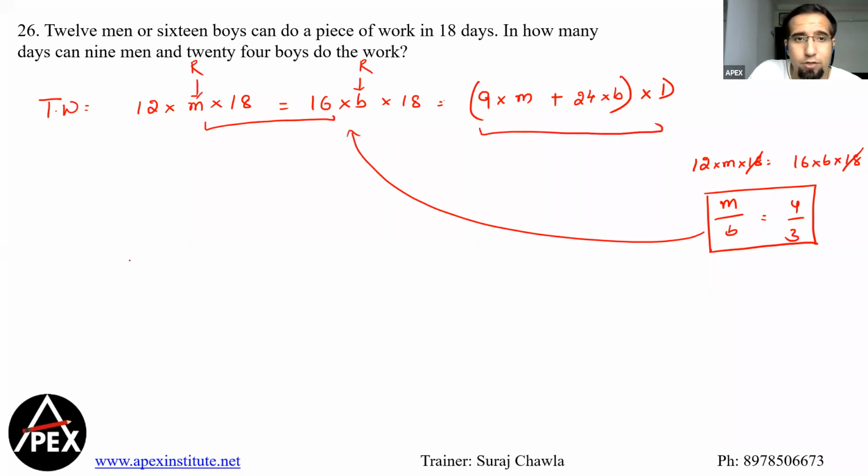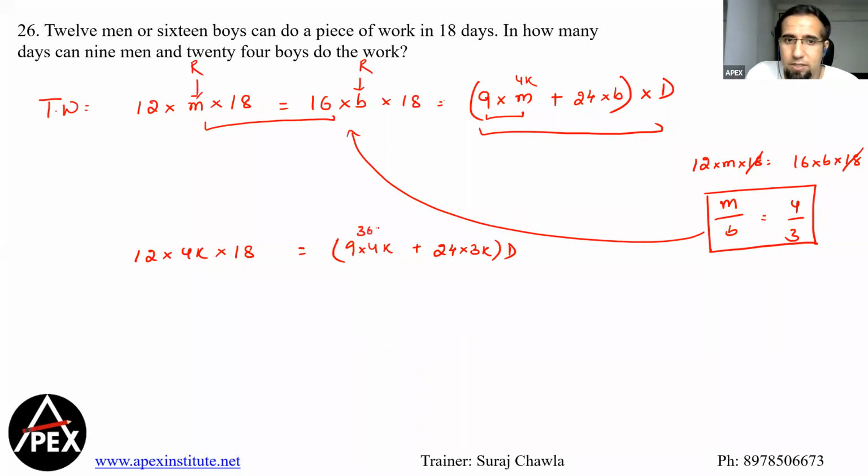So the way to solve here is, let's say, 12 into 4K into 18 is equal to 9 into 4K. So I'm replacing M with 4K here. 9 fours are 36K, plus 24 into 3K. And I do not know how many days I need. So this is 36K and this is 72K.